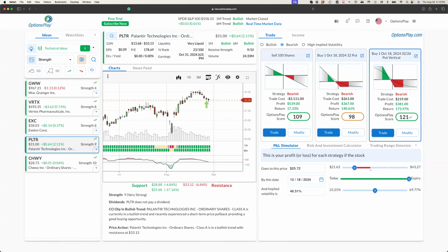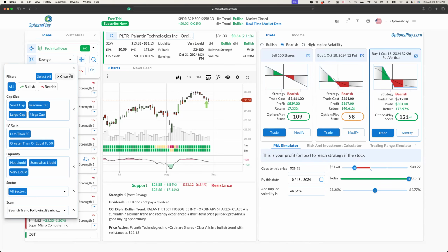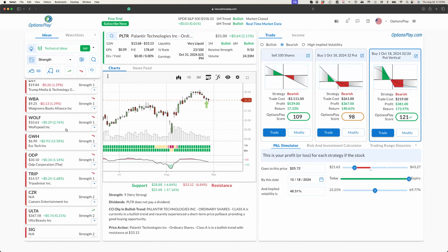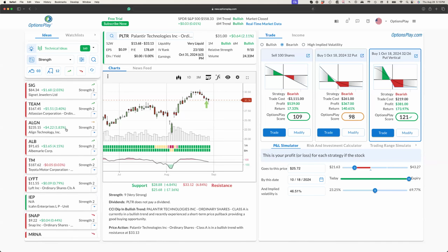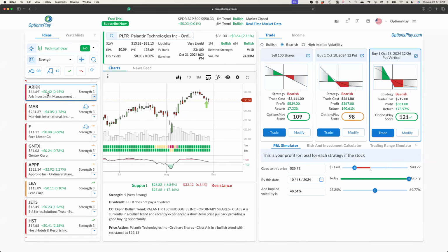Does it also include sector ETFs and indices? Yes, it does. You will see ETFs make this list. So there are ETFs on this list. I don't see one at the moment. But yes, there are ETFs that trigger these, like ARK, for example.